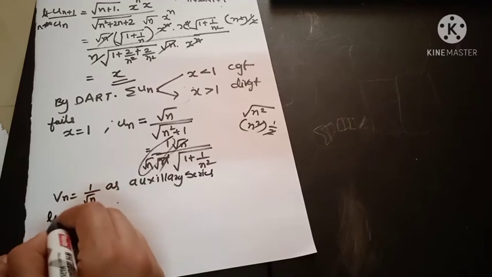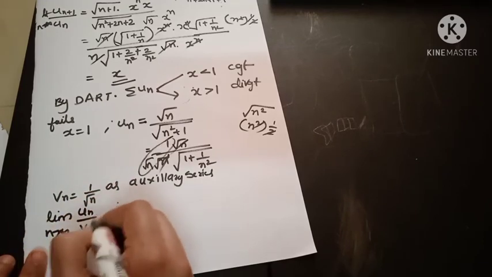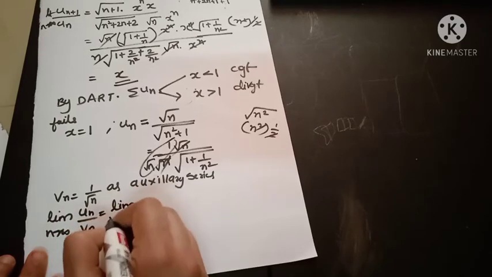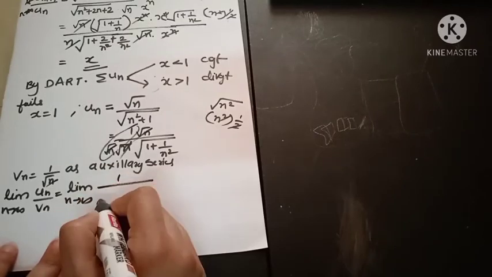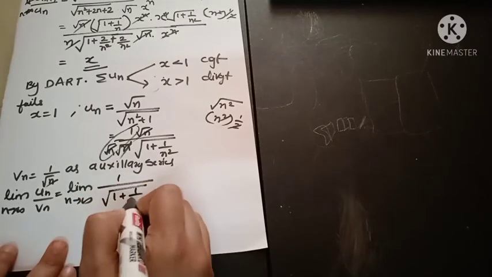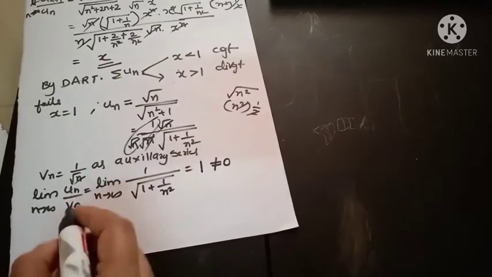So what happens to the limit as n tends to infinity of un by vn? This will get canceled, and the remaining is 1 plus 1 upon n square, that is 1, and clearly not equal to 0.